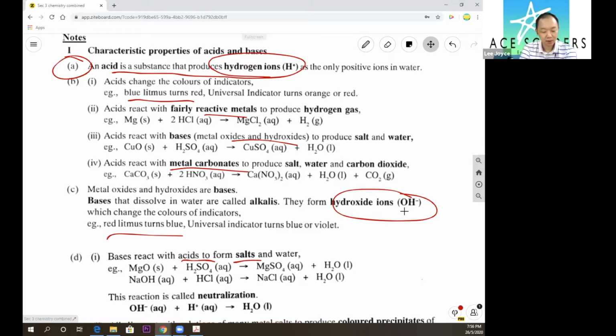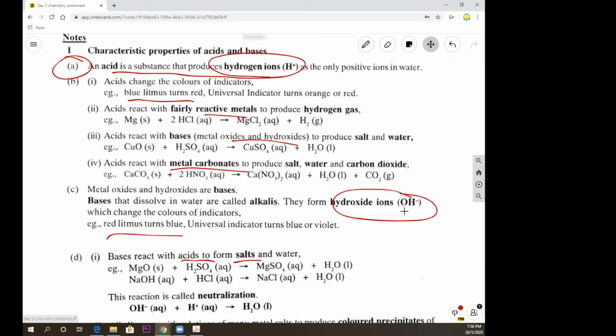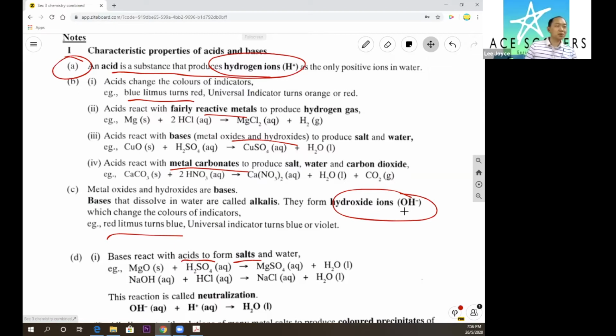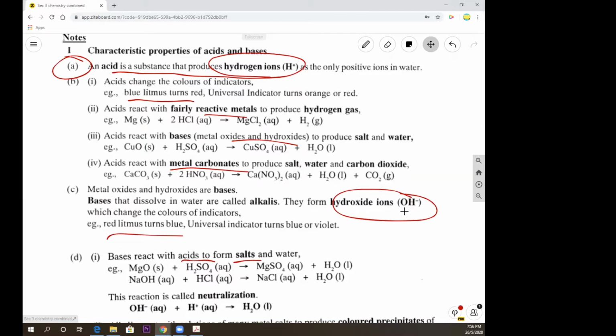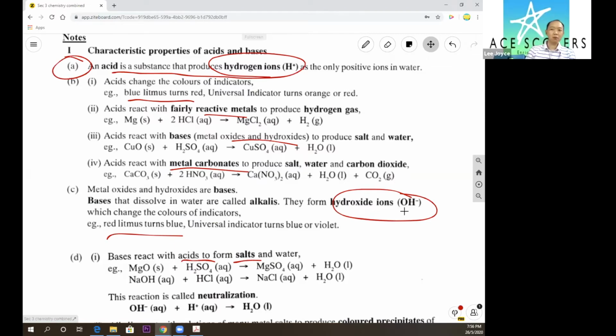Okay. How about Edric? Edric, give me another one. Salt and water. Acid plus what gives you salt and water? Metal? No. Acid plus alkali, right?